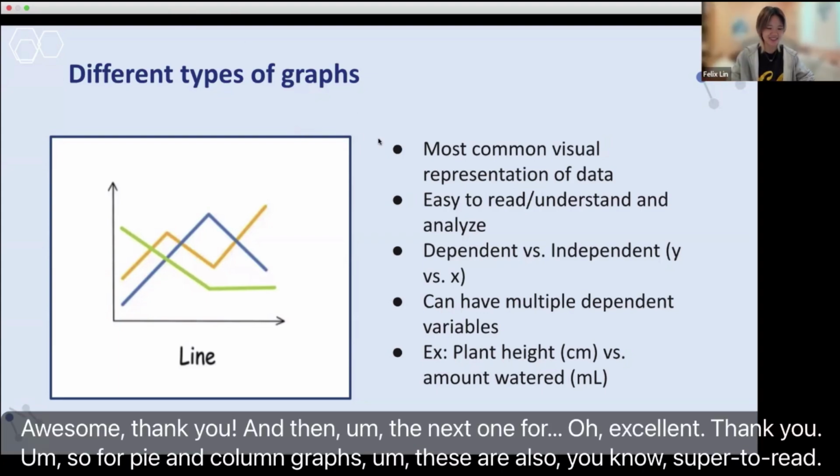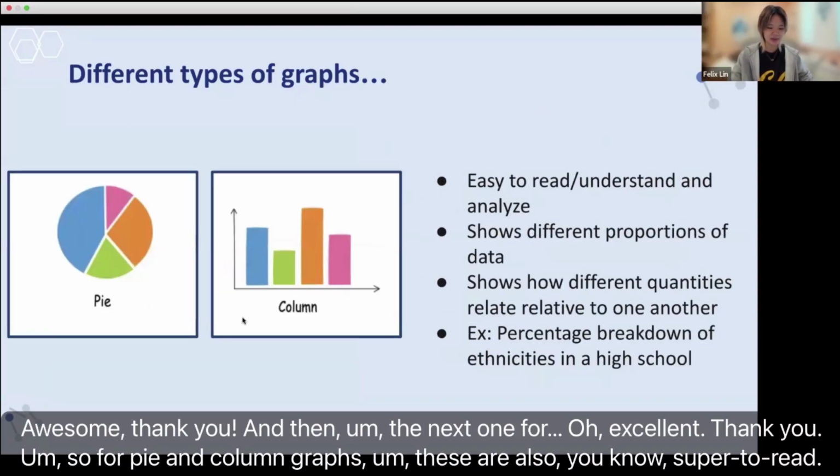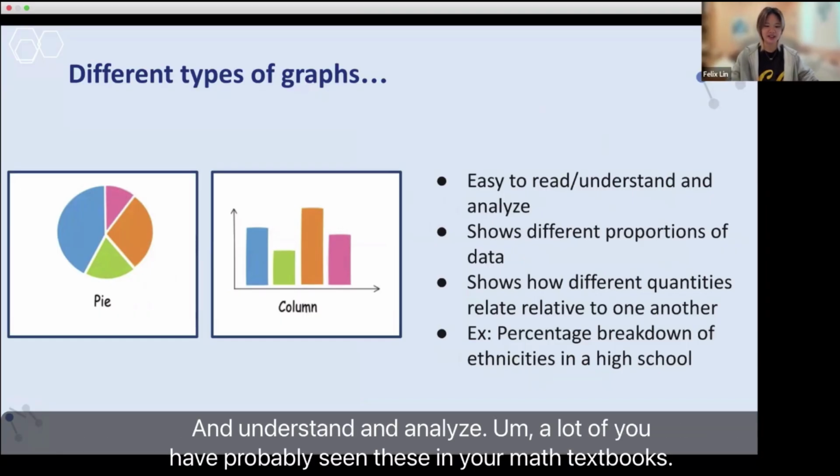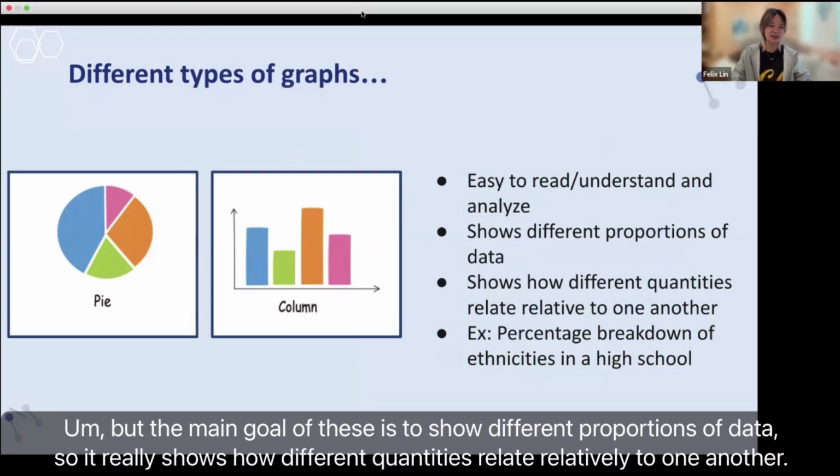Awesome, thank you. And then the next one, yeah, thank you. So for pie and column graphs, these are also super easy to read and understand and analyze. A lot of you have probably seen these in your math textbooks. But the main goal of these is to show different proportions of data. So it really shows how different quantities relate to one another.